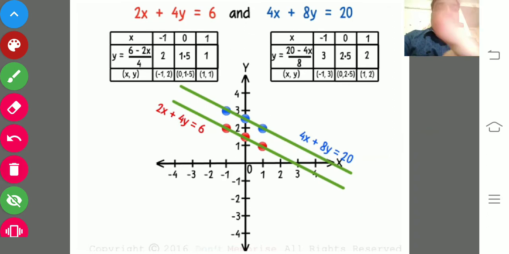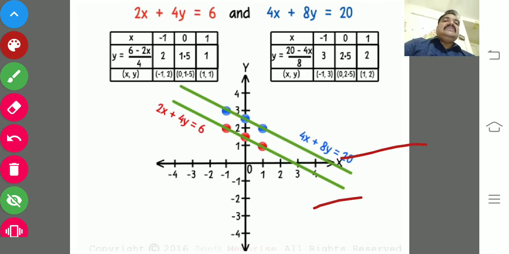Children, you could observe that when you see the graph, what can you say? These two are parallel lines. If you take any probable value of x, the lines will extend, but the two lines do not meet anywhere. That's why they are called parallel lines. We know the definition of a parallel line.